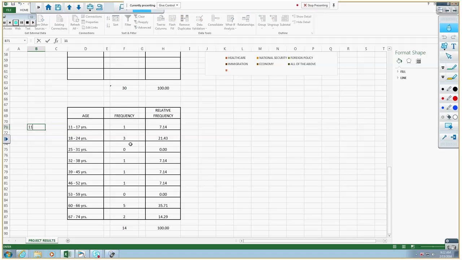11 to 17. 18 to 24. Now, this is if you do it on Excel. Oops, sorry.